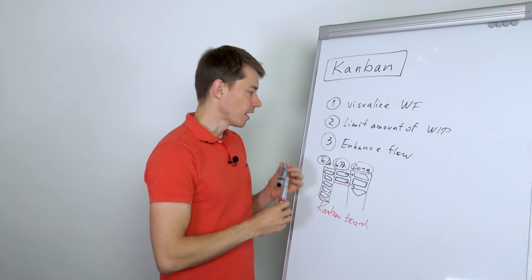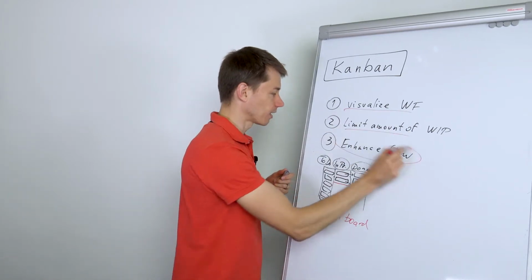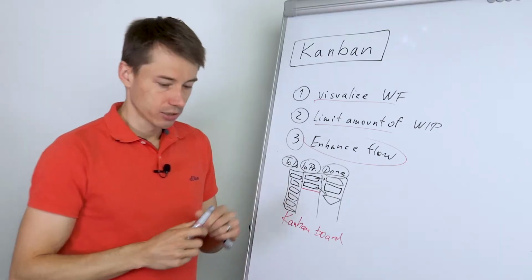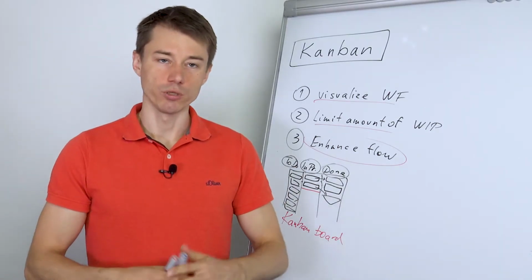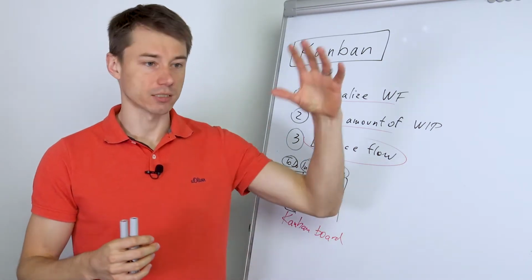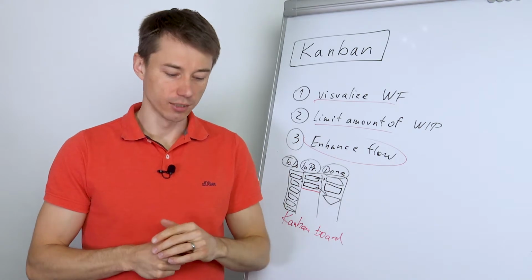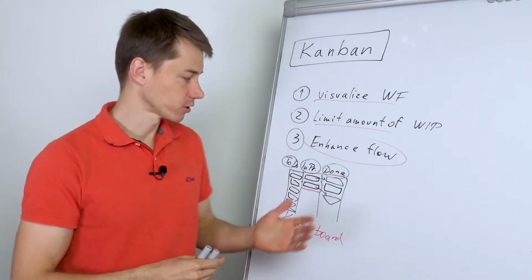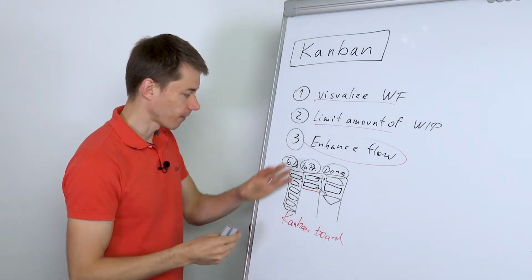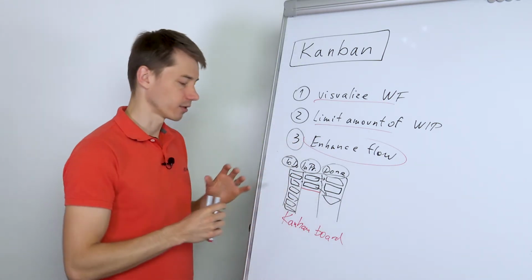And the principle number 3 would be enhance the flow. So Kanban says, hey, we need to frequently deliver, because that's an agile principle. We need to deliver the code. So we need to make the flow really steady.